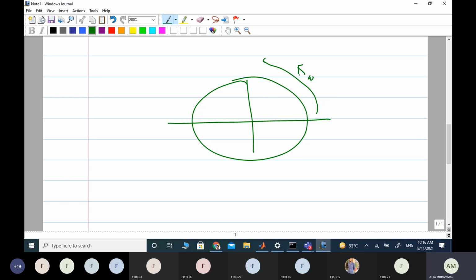Omega is angular frequency, right? And it is periodic with respect to 2 pi. So from here to here omega is pi by 2. From here to here omega is pi. From here to here it is 3 pi by 2, and from here to here it is 2 pi, right?